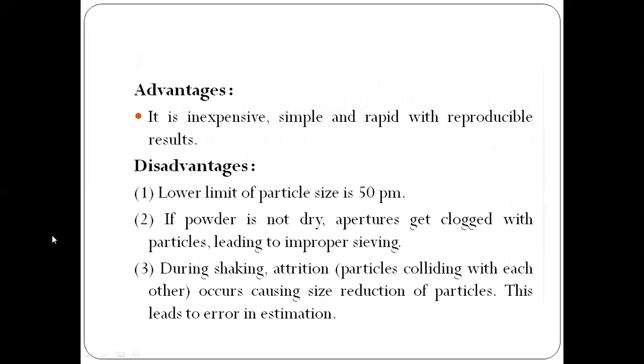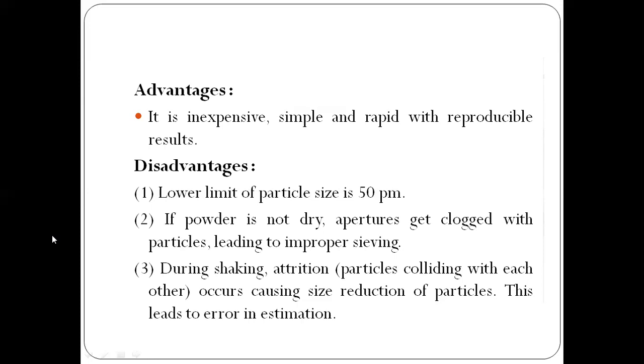The advantage of the sieve shaker is that it is very inexpensive, simple and rapid, with reproducible results. But the disadvantage is the lower limit of the particle size that we can measure, that is 50 µm. If the powder is not dry, the apertures get clogged with the particles, leading to improper sieving.